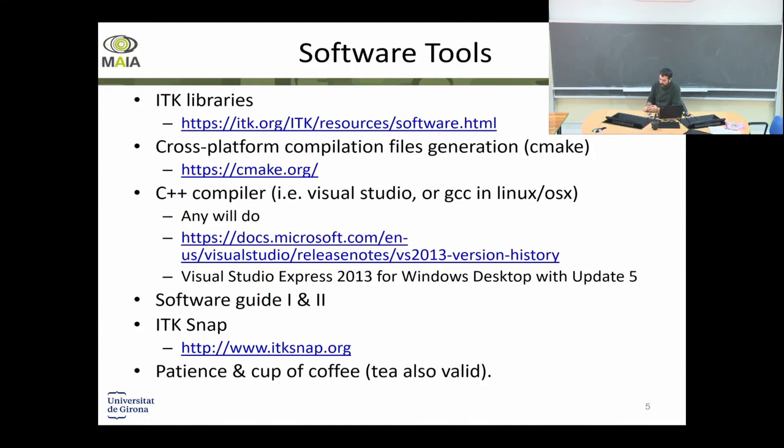If you don't have it, or if you look at the slides afterwards, you can go to this link to download Visual Studio. I use the 2013 version, but you can use 2012 up to 2017 or whatever. This is the full name, because they have very fancy names: Visual Studio Express 2013 for Windows, with update 5.